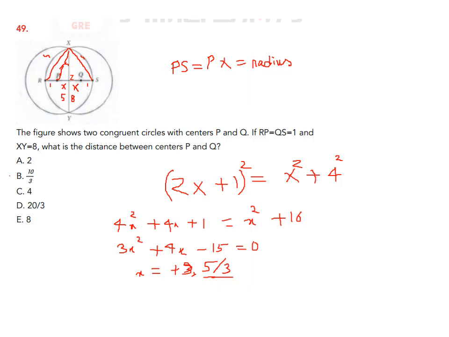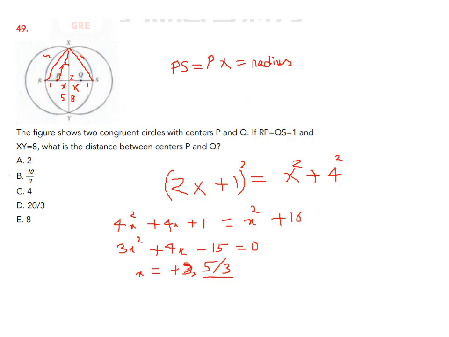Now notice that PS and PX are radii, so Rx is 4 and Sx is also 4. So 2x, we get PQ, that is x plus x, 2x plus 1.